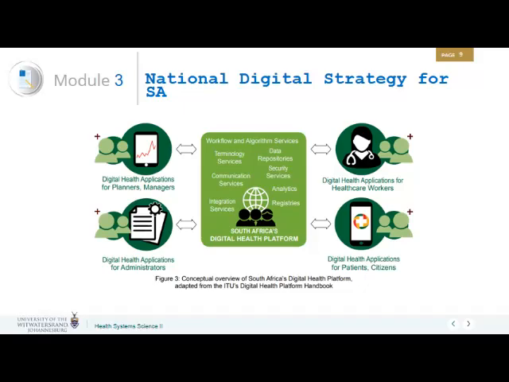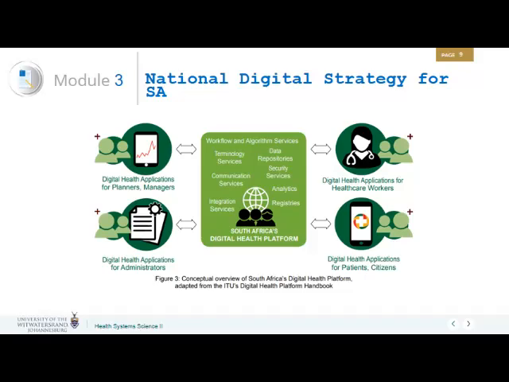And you can see that there are 4 different categories of people that have been identified that feed into this repository. So we need to design digital health applications for planners and for managers. They need to have robust and accurate and timeous information to be able to make quick and careful decisions. We also see that there are applications that need to be designed for administrators to help them to run the back end of the health system, particularly around health financing, but also the management of patients.